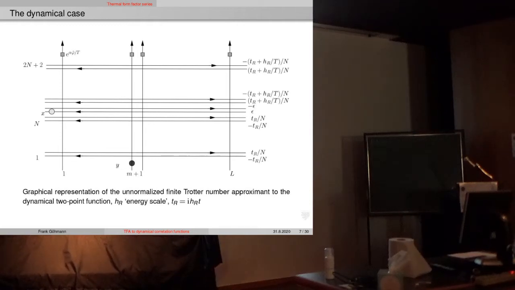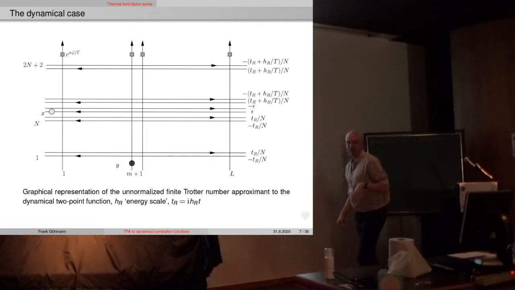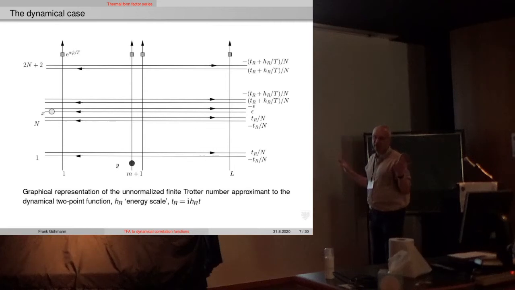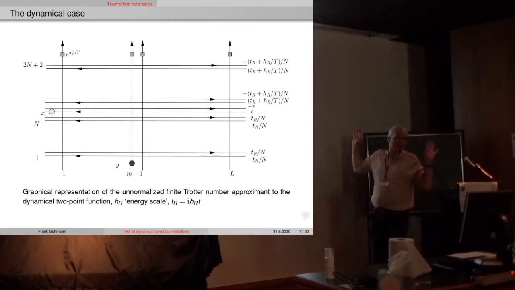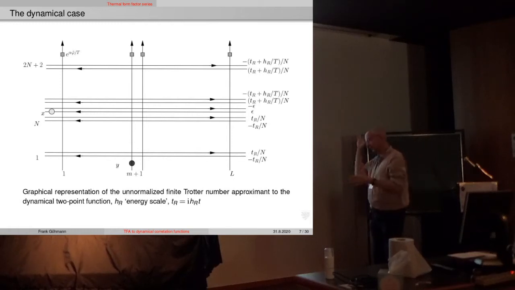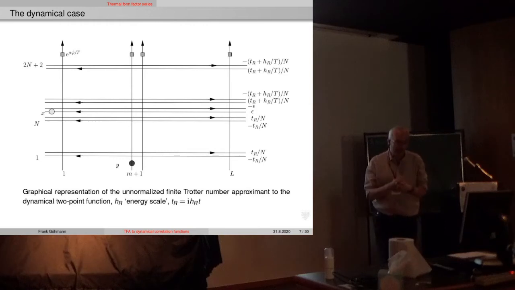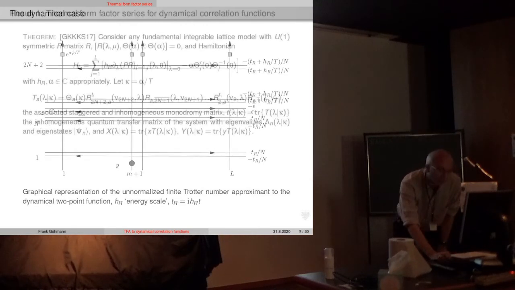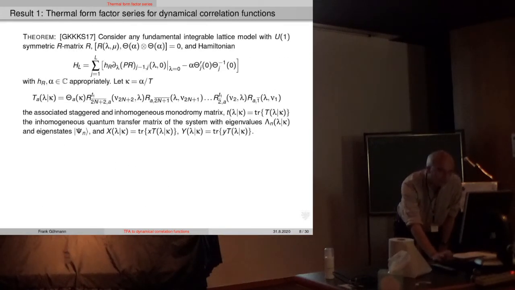If you apply them n over 2 times, you will shift this gray point here, but you have n over 2 more lines here and n over 2 more lines here. Okay? Well, then it looks as before. Unfortunately, you have n over 2 lines and you want to set n to infinity. This cannot be done. But if you then insert this complete set of functions, then you get something which gives you a limit. I'll show you in a minute.